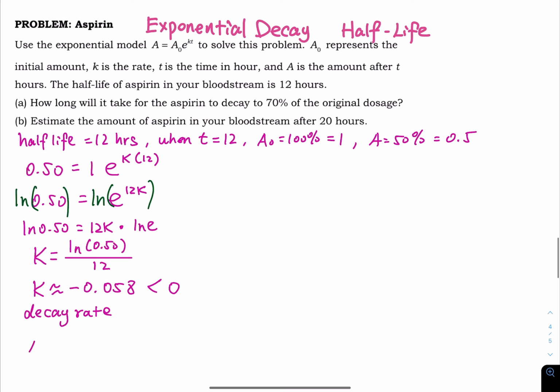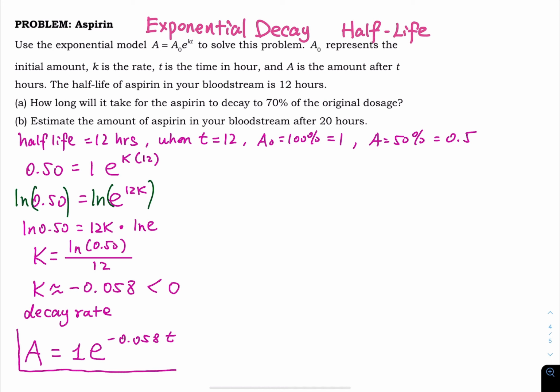A equals the initial amount, 1, times e to the negative 0.058t. This is the exponential decay model for aspirin. If you give me something else like aspirin 2 or aspirin 5, that is another decay rate. So this is for the aspirin described in this problem only. So that is my model.